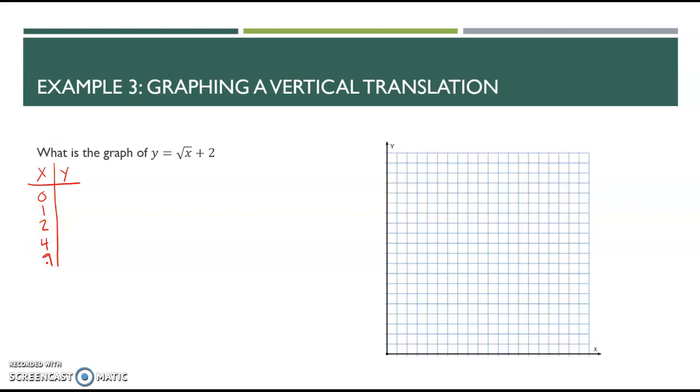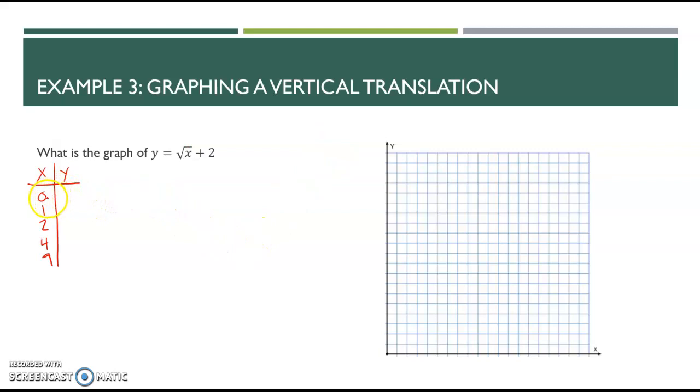If I'm going to be completely honest with you, looking at the square root of x and nothing else, I'm picking x values that are perfect squares because then I don't have decimals to deal with. If you pick perfect squares, you're going to have whole numbers. But again, I'm wanting to show you how this function compares to that parent function.